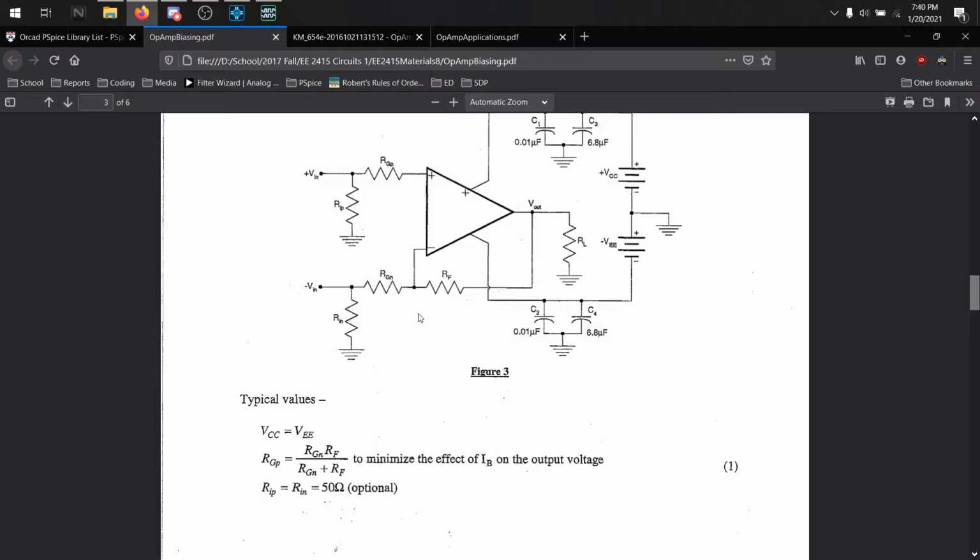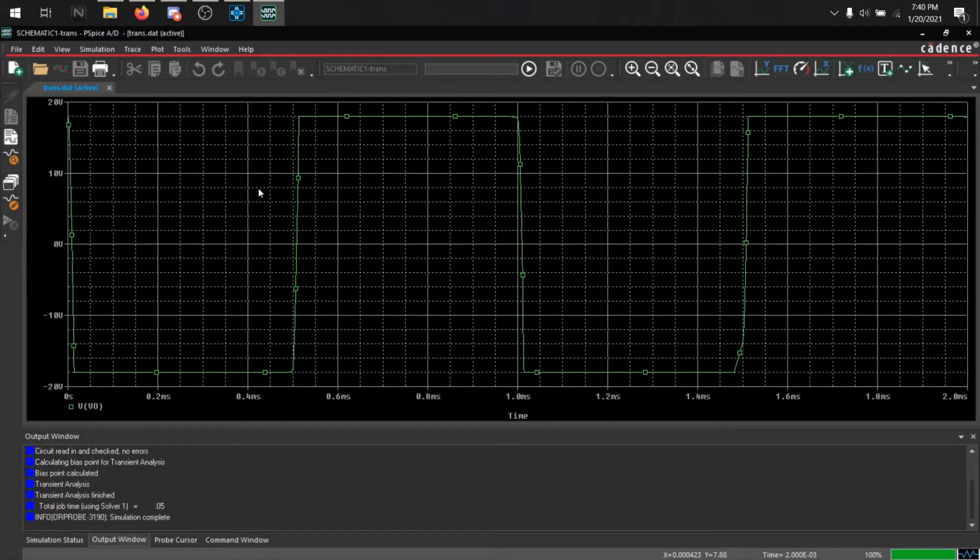So you calculated R3 based on what RF and R2 was. Yes. Okay. To achieve that condition, about 700 ohm. Yeah.